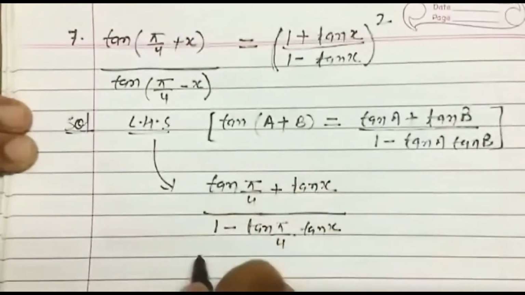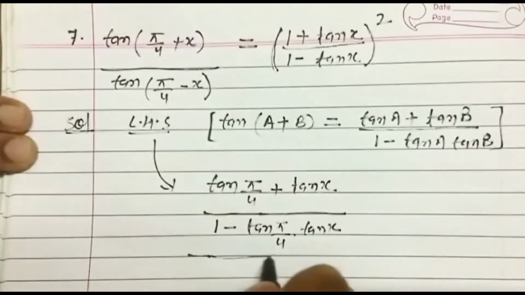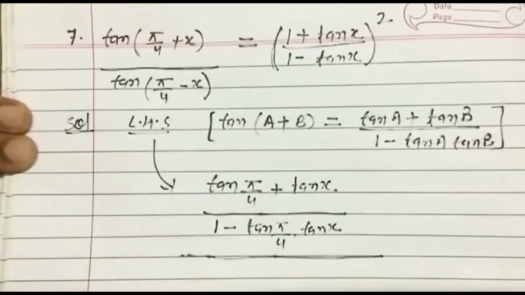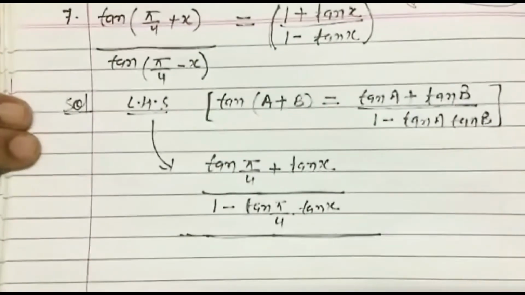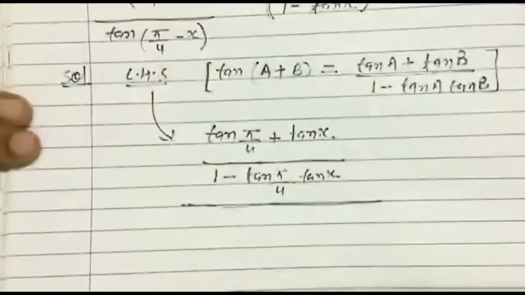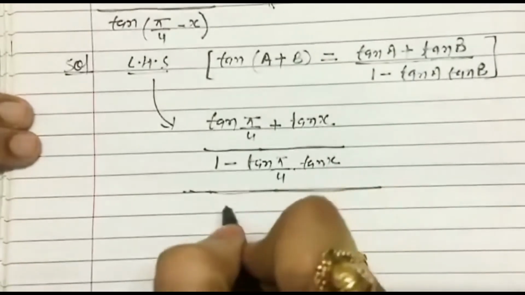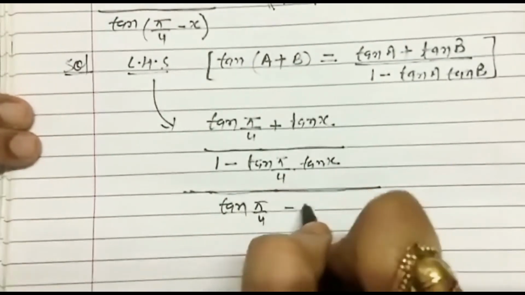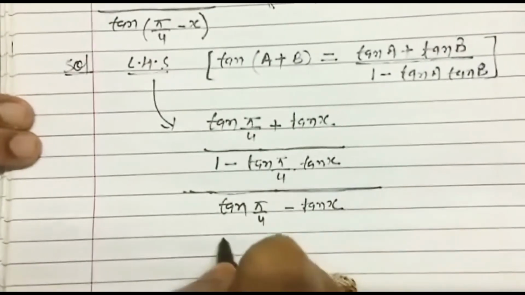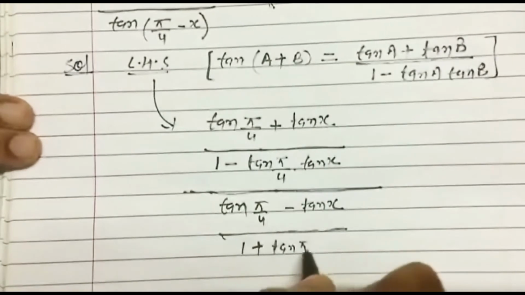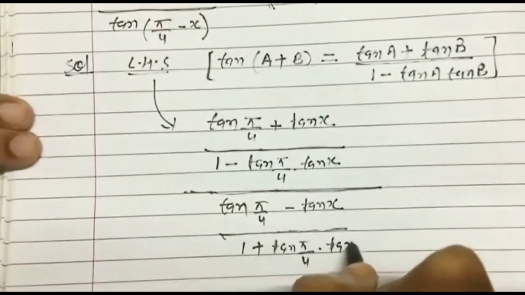Okay, it is in a numerator, and in the denominator apply the formula tan(a minus b). In place of x and y you can take a or b also. So it is tan(pi by 4) minus tan 10x in the numerator, and here 1 plus tan(pi by 4) into tan 10x.